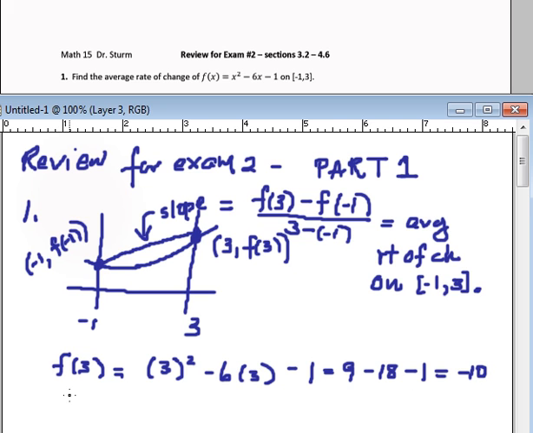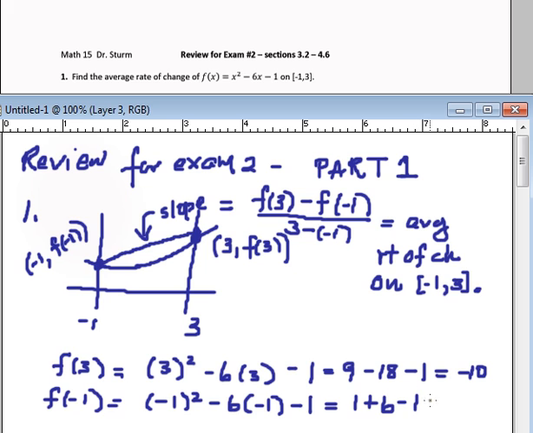And then we have f of minus 1. F of minus 1, that's minus 1 squared minus 6 times minus 1 minus 1. Okay, so we have 1 plus 6 minus 1, so that's 6.